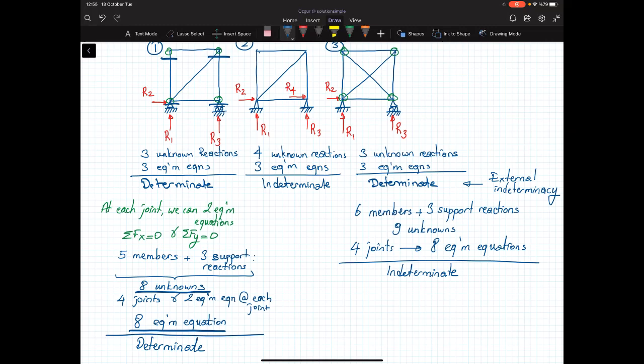So in the third truss structure, even though I can determine the support reactions by using the equilibrium equations, I cannot calculate all the truss forces because I'm missing one equilibrium equation. So this is an indeterminate structure, but the type of indeterminacy is an internally indeterminate structure.